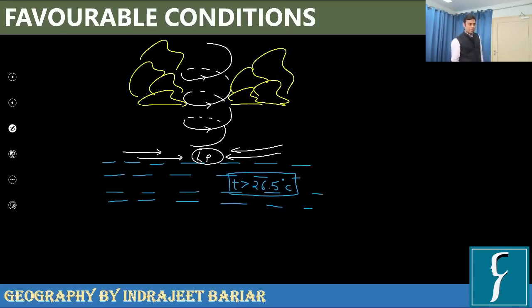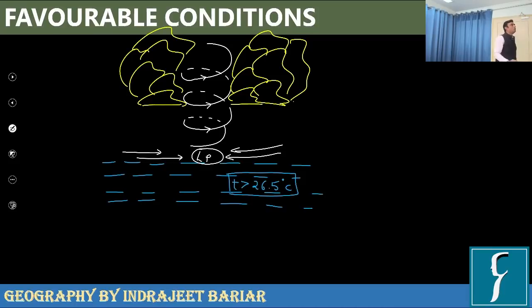These tower clouds we call cumulonimbus clouds. So over here, tower clouds would be formed, constituting cumulonimbus clouds, and from these cumulonimbus clouds it rains heavily. This is the general mechanism of a tropical cyclone.